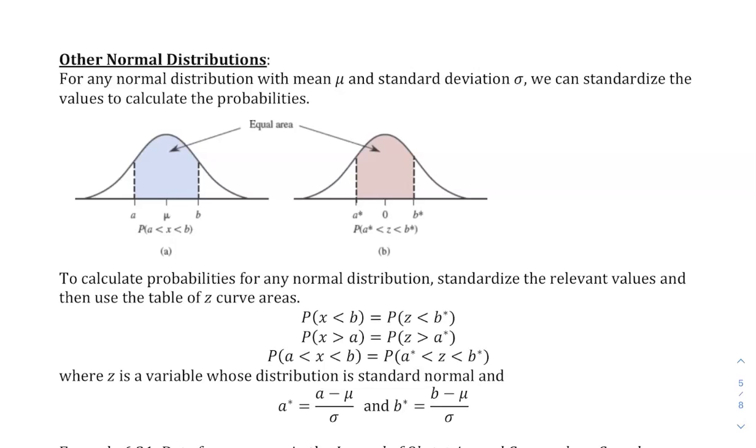So we can do any normal distribution using table 2, but first we have to get the standard values, which is as simple as taking your original value and subtracting the mean that's given to you for the normal distribution and dividing by the standard deviation.